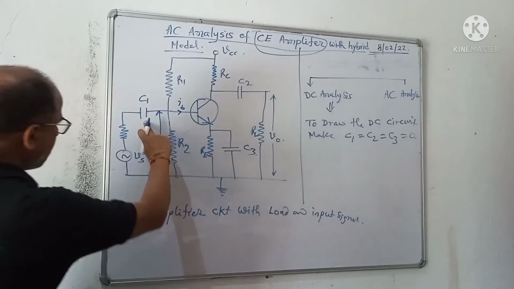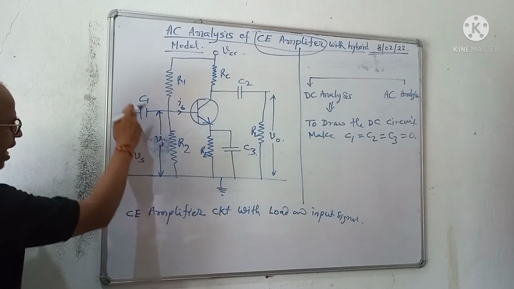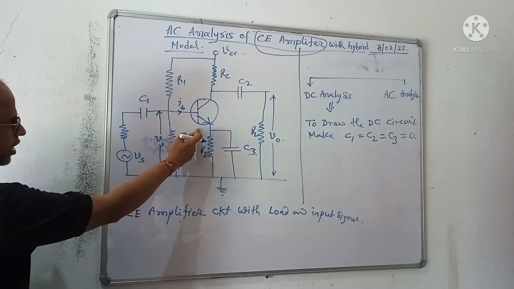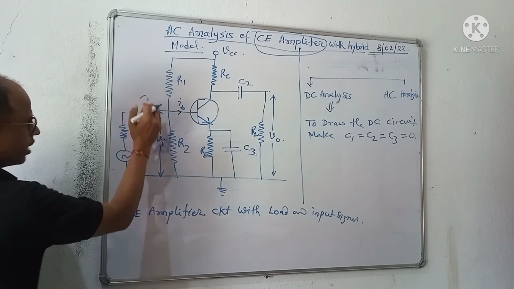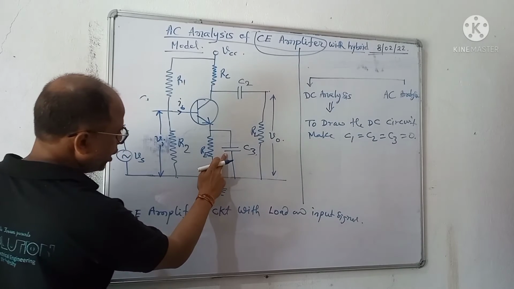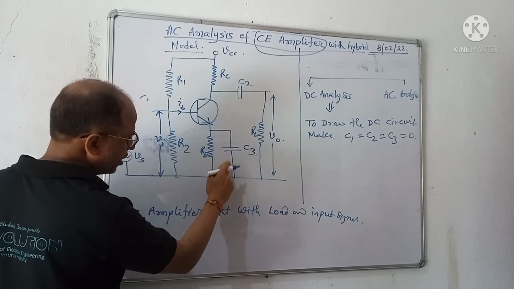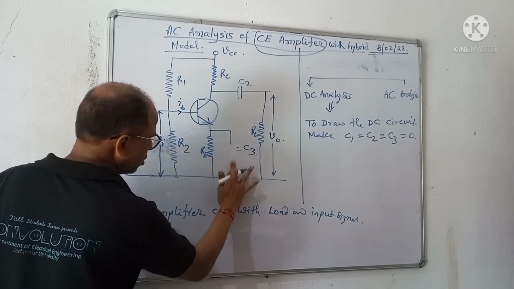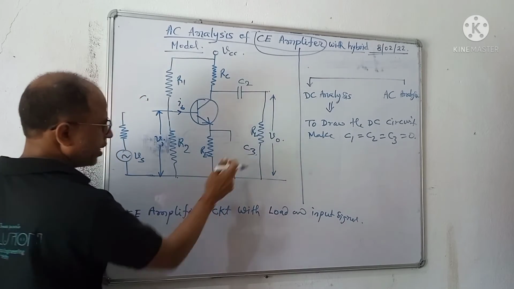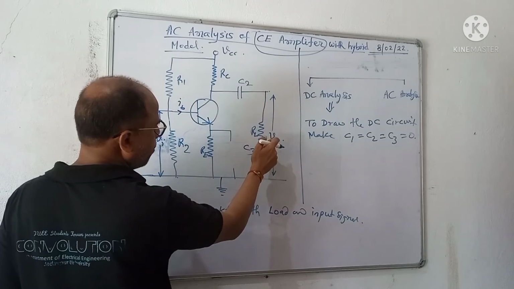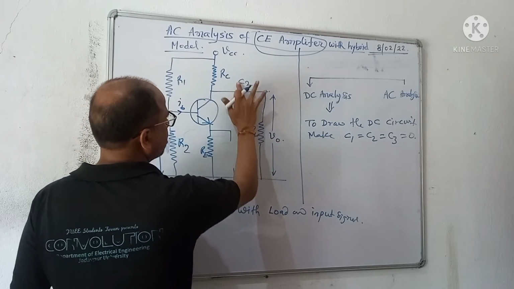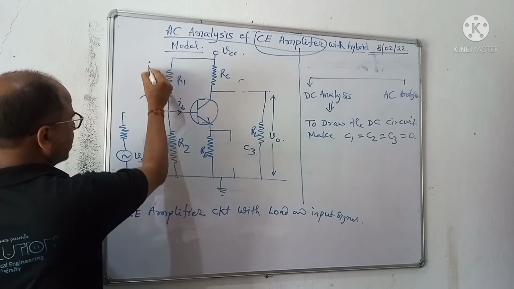Therefore, if it is open, then these are not connected to the transistor. Here it is open. Open means this one. And here it is open. Therefore, the load is disconnected. Therefore, this is your DC circuit.